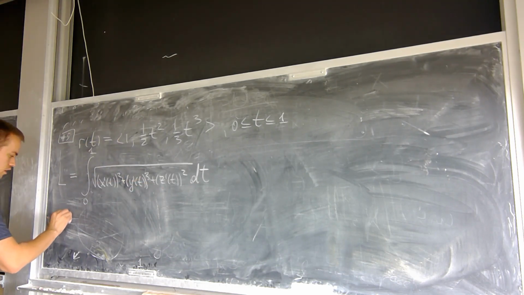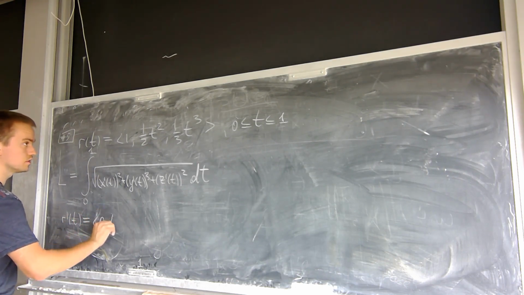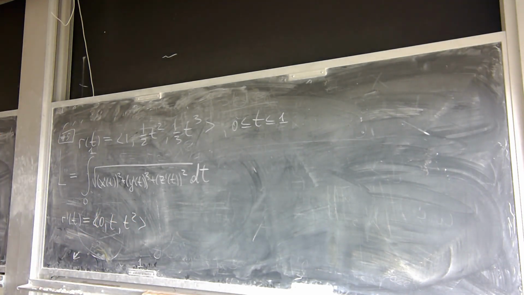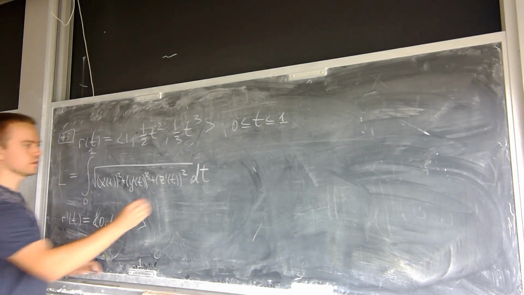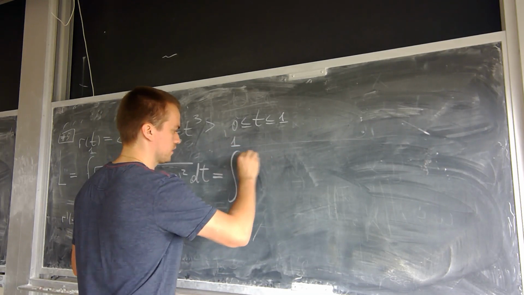So what is my r prime of t equal to? Yeah, it's going to be 0, t, and t squared. So then my integral is going to be equal to the integral from 0 to 1. What do you have under the square root?